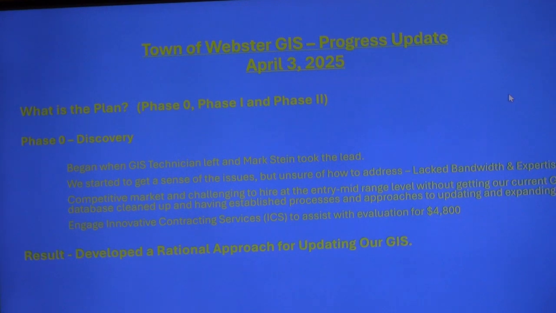But we found that bringing that person in, given the condition of our GIS, was not going to be valuable to the town. You really need to have a better established tool in place before you bring somebody in and run with it. So we engaged with a company called Innovative Contracting Services, and I'll talk about them a little later.